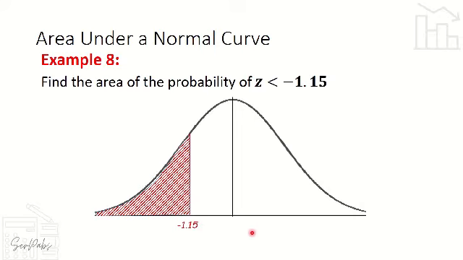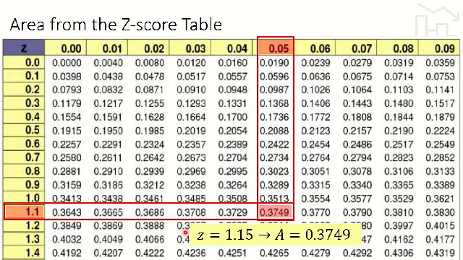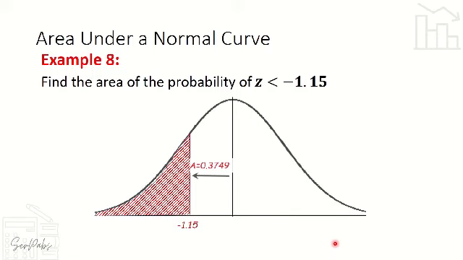So, paano natin ngayon kukuhanin yung ating probability? Get the probability of negative 1.15. Ang probability niya, kamukha lang din ng probability kanina, so that is 0.3749. And then yung probability ng buong kalahati, sabi natin kanina, all Z-score less than the mean is equal to 50%.